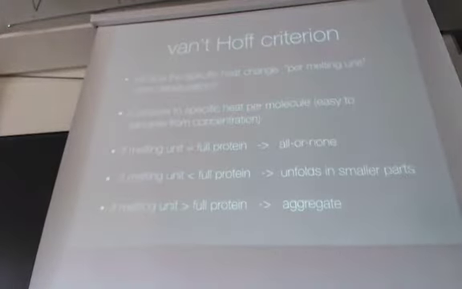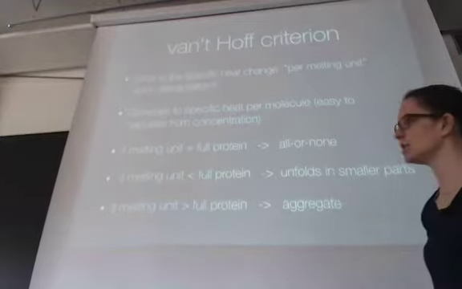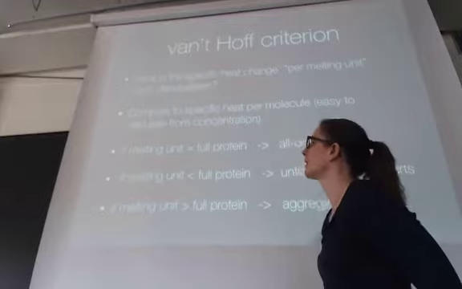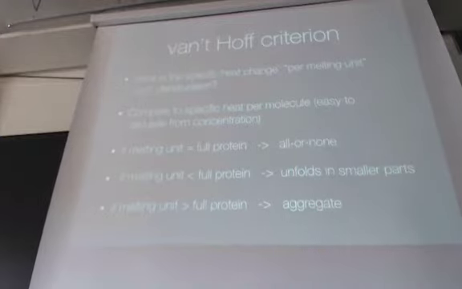The little exercise that we're going to do is to compare whether the energy that we can measure from calorimetry is similar to the specific heat change that we would get from a melting unit.